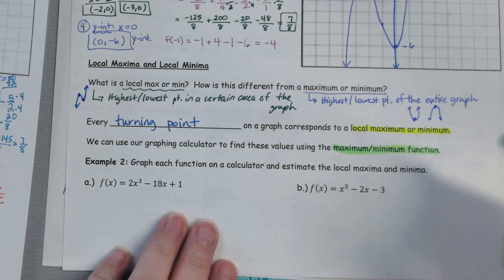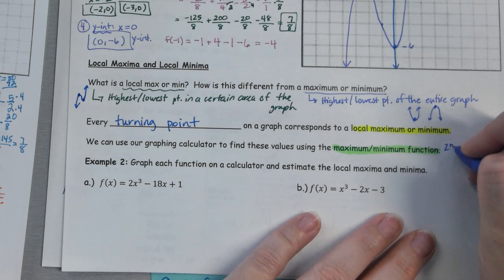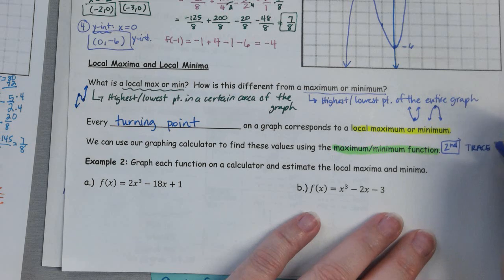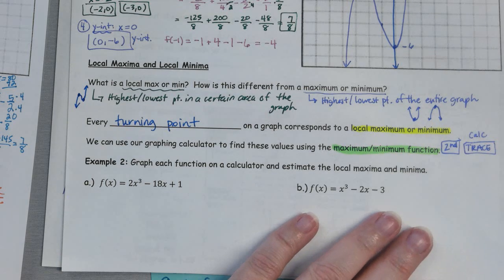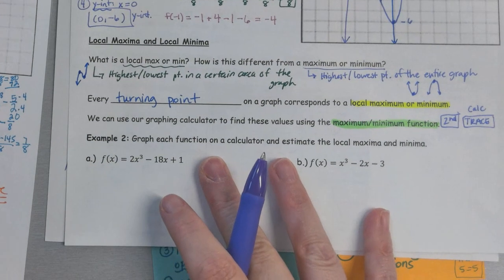Do you guys remember where to go on your calculator to find that? You go to the second button, and then you hit the trace button, because there's a little calc above it. So you're calculating that value.